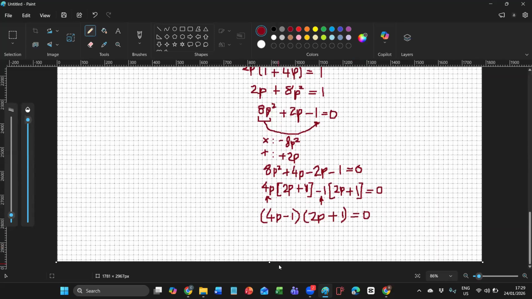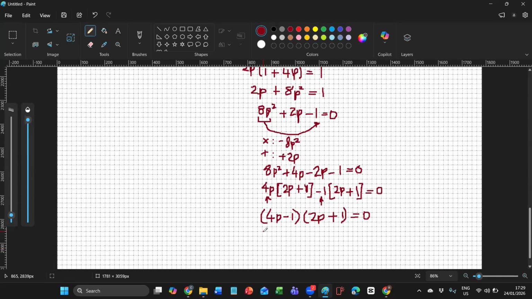So let's start with the 4p. We can now say therefore 4p minus 1 equals 0. You already want to go ahead and find p, right? Yes. You are thinking fast; we should just say p equals 1 over 4, and then p equals minus 1 over 2.